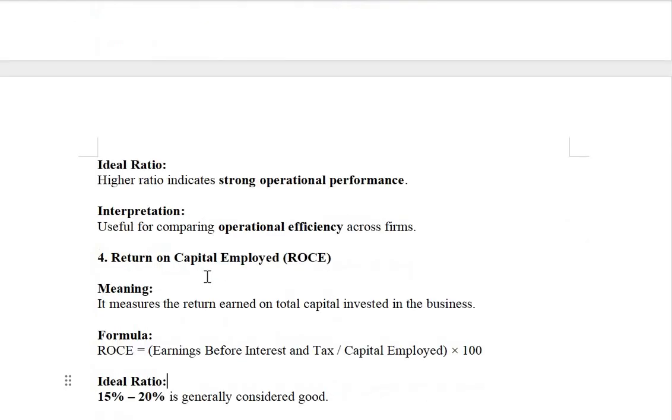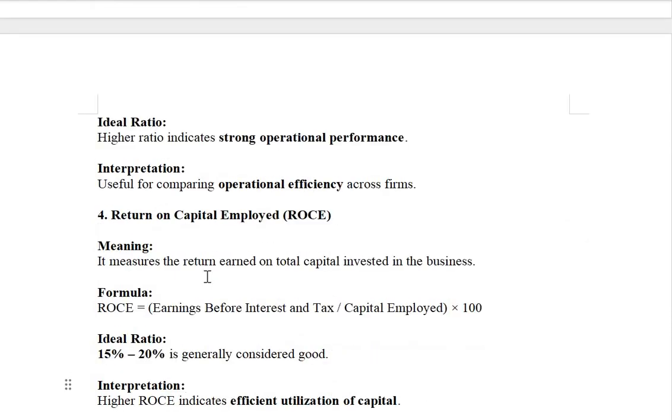The next one is return on capital employed. This ratio explains the return earned on the total capital employed, or the total investment made in the business. In order to compute the return on capital employed, we use the formula earnings before interest and tax divided by capital employed into 100.